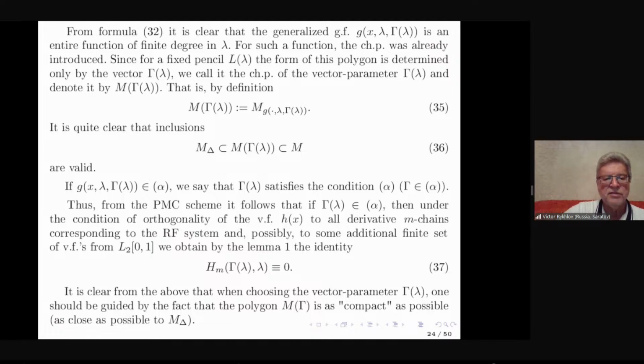It is clear from the above that when choosing the vector parameter gamma of lambda, one should be guided by the fact that the polygon M gamma is as compact as possible, as close as possible to M delta.